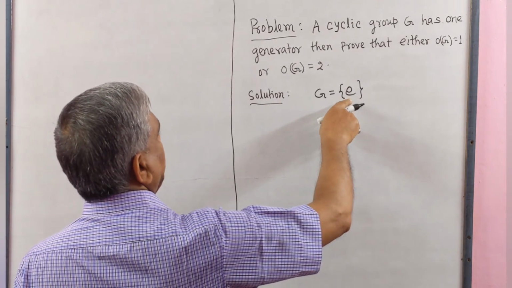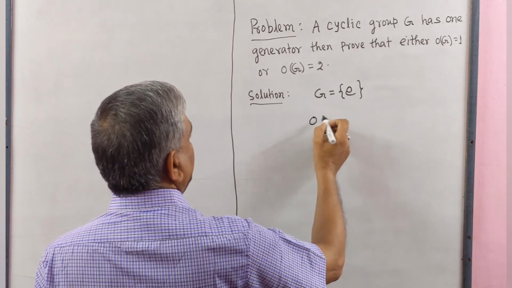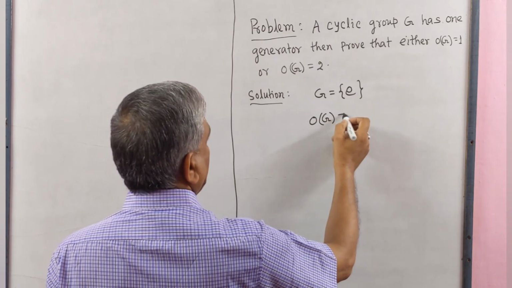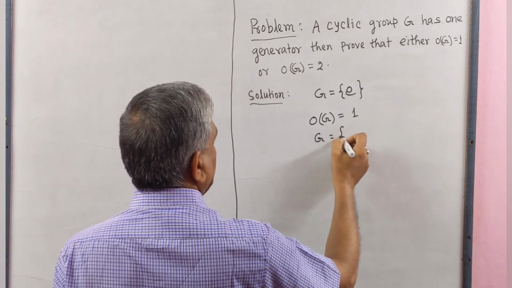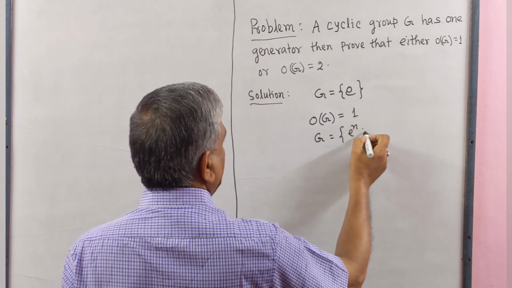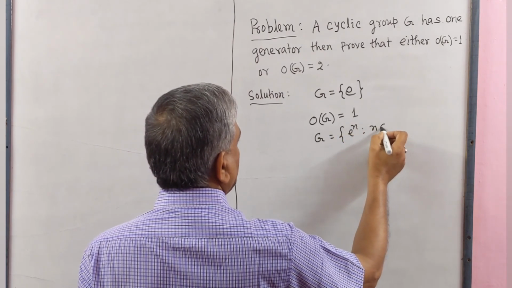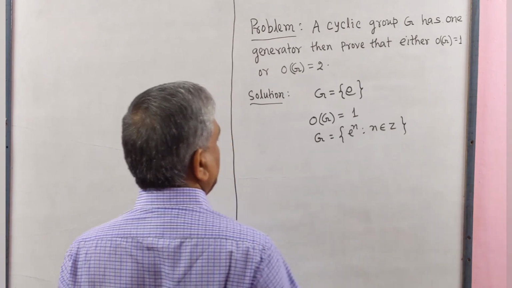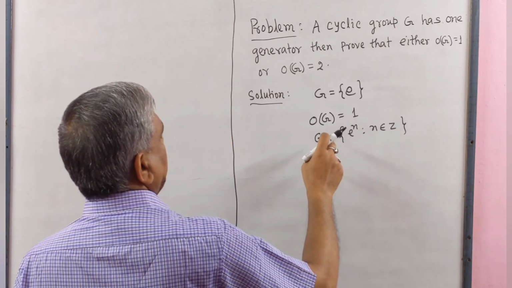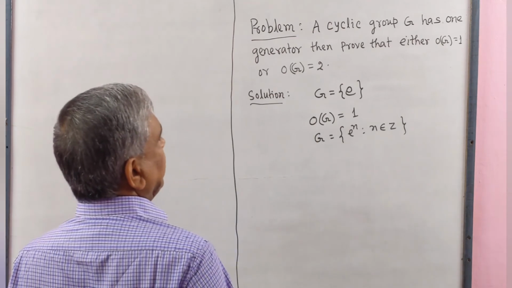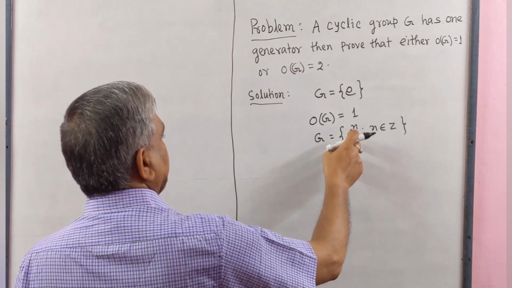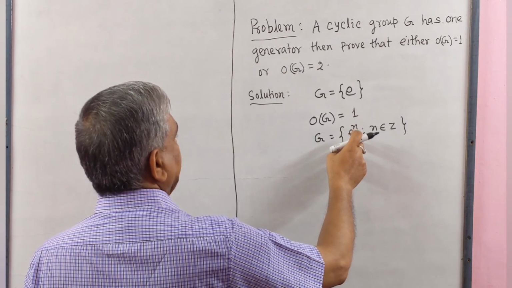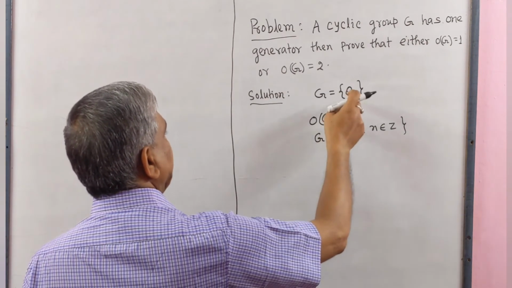Here order of G is 1 and we may write G as e to the power n, n belongs to Z. That is, G is a cyclic group whose generator is the identity element and order of G is 1.